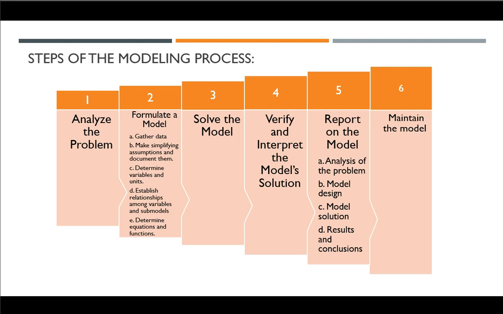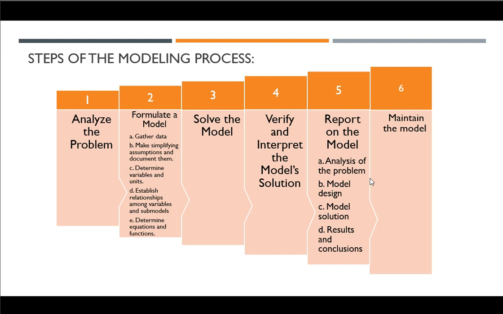So only with clear, precise problem identification can we translate the problem into mathematical symbols and develop and solve the model. So after we have a clear picture and precise problem identification, then we can figure out how to solve the problem and how to implement it.